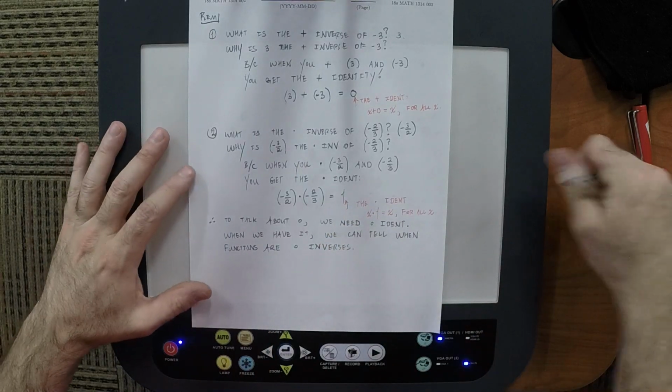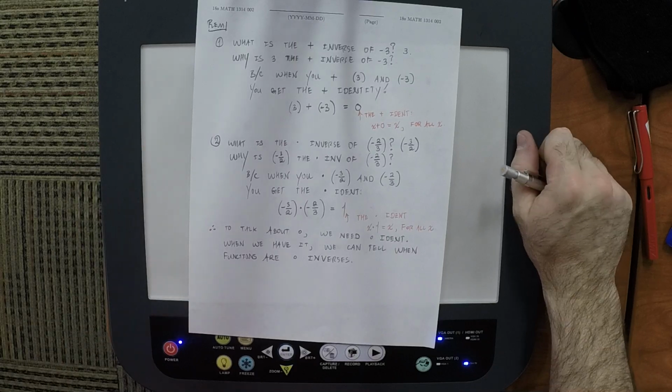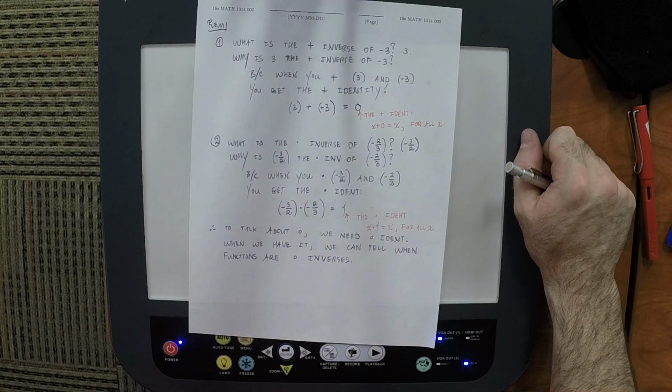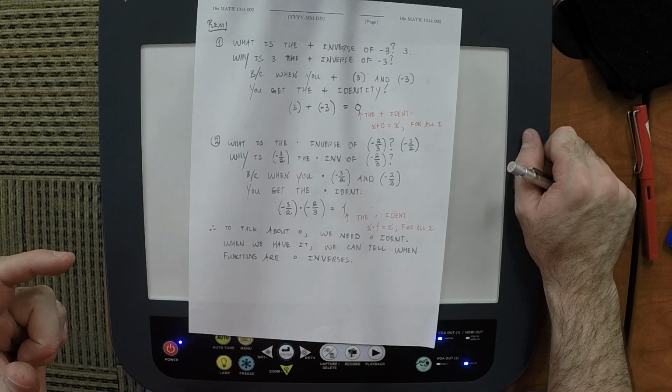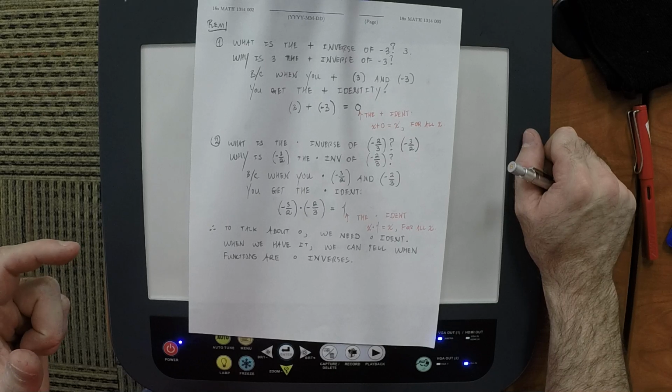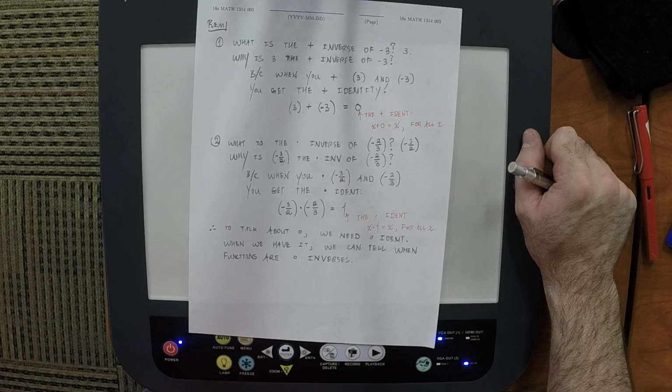Because, well, how about, are 5 and -8 additive inverses? Why not? When you combine them with addition, they do not equal the additive identity. Exactly that. When you combine them with addition, 5 and -8, you get -3.